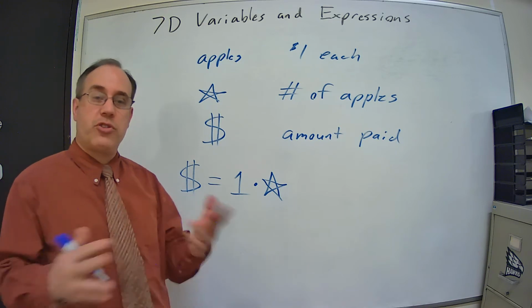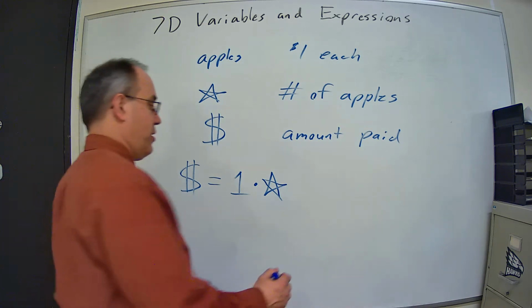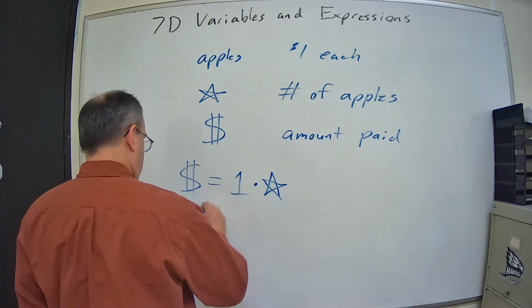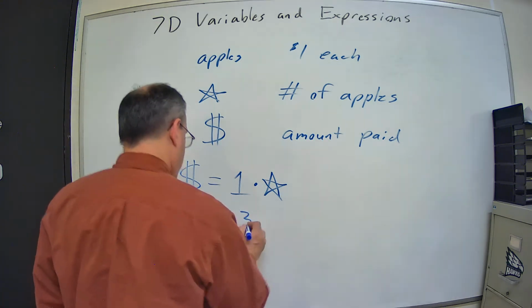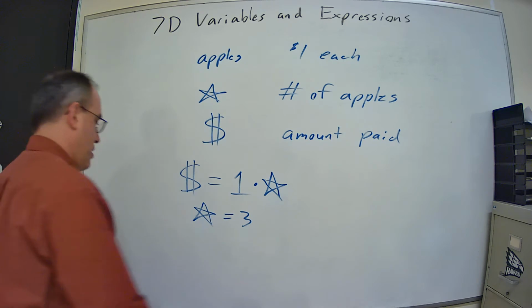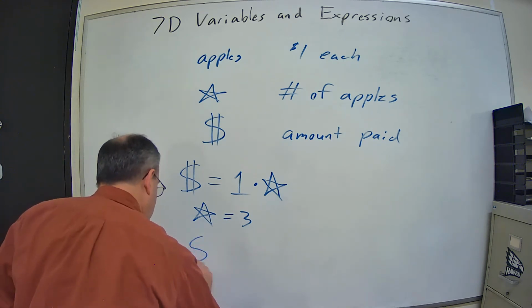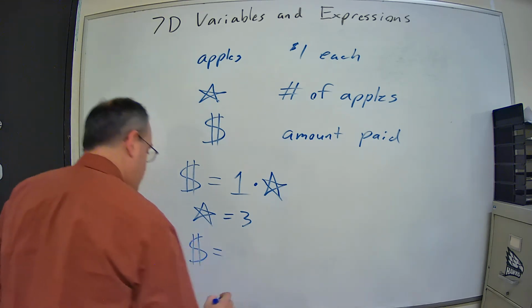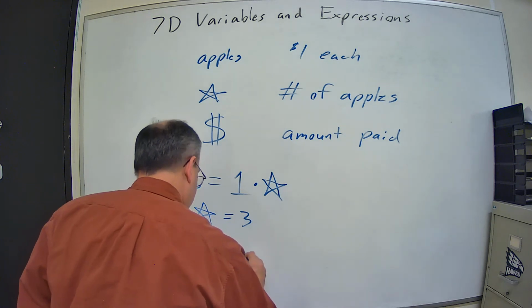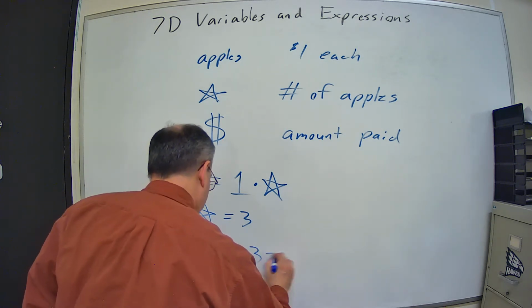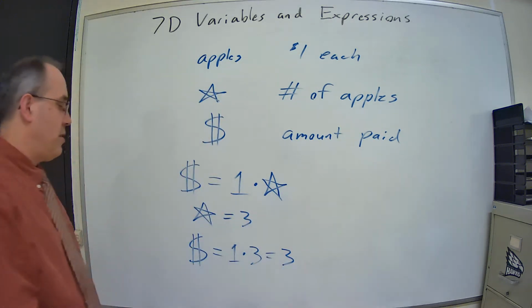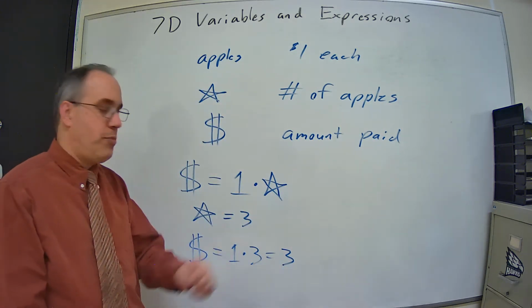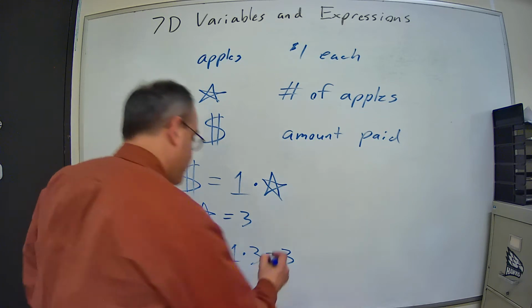So if I purchase 3 apples, then I can say that star is equal to 3, and the total amount paid is equal to 1 times 3, 1 times 3 being 3, so the amount paid would be $3.